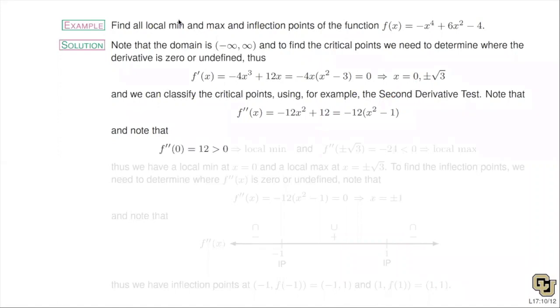So here when I plug in 0 for x, we get negative 12 times negative 1. We get 12. 12 is positive. So let's think this all the way through now. If it's positive, that means the function is concave up. And so here at the bottom, we have a local min.